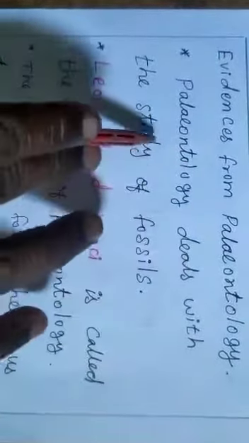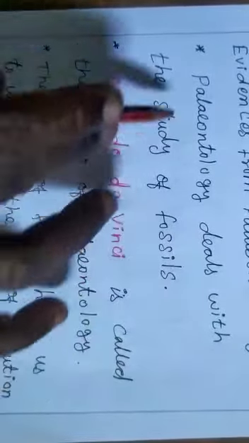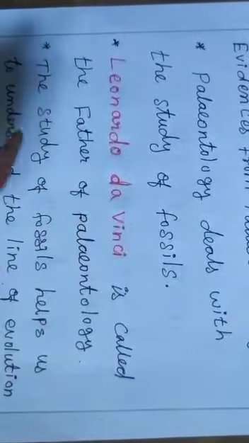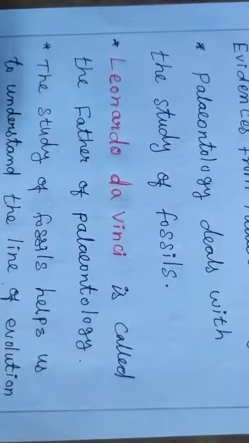Next is evidence from paleontology. Paleontology deals with the study of fossils. Now, what is a fossil? A fossil is any preserved remains, impression or trace of any once-living thing from a past geological age.